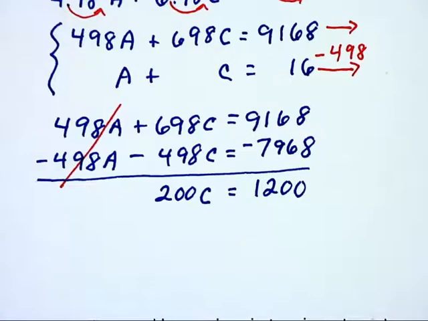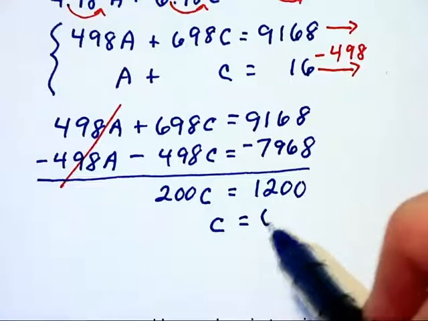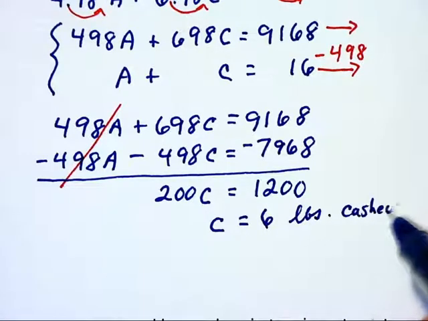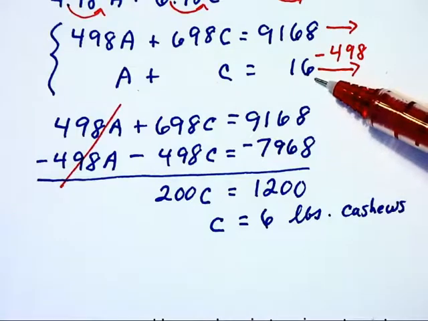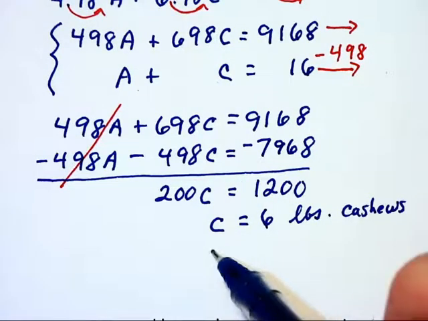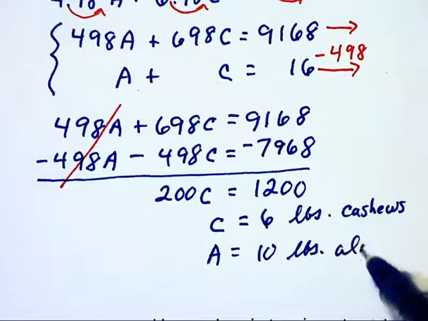And dividing both sides by 200, we can find out that c is going to equal 6 pounds of cashews. And we know up here at the top that a plus c is equal to 16. So the a must equal 10, and therefore a is going to equal 10 pounds of almonds.